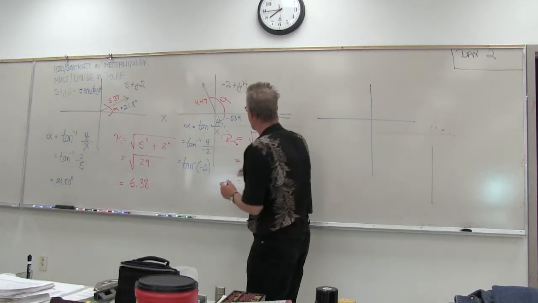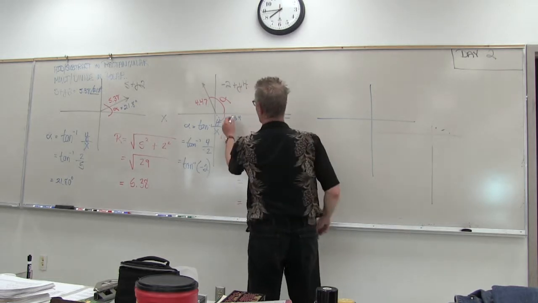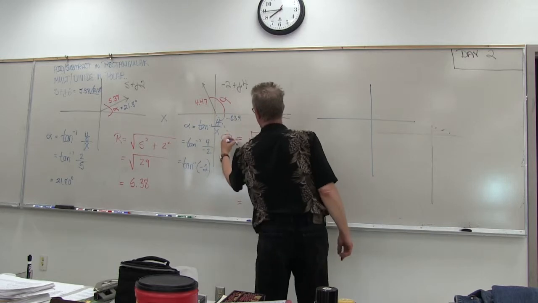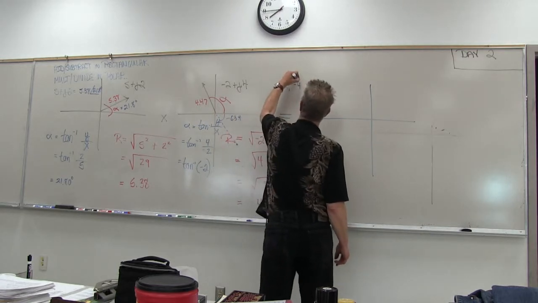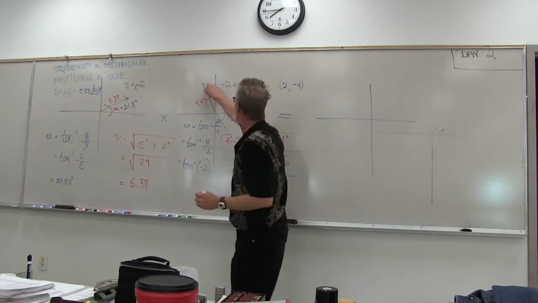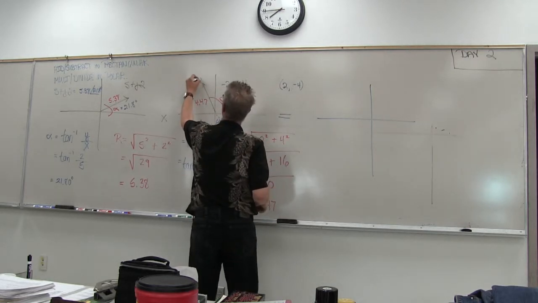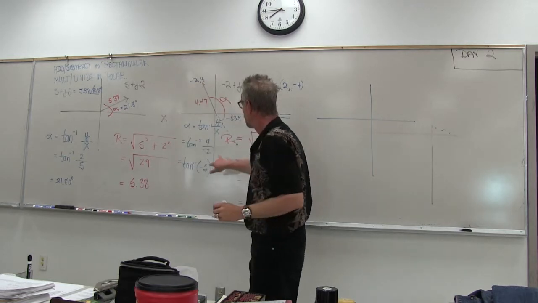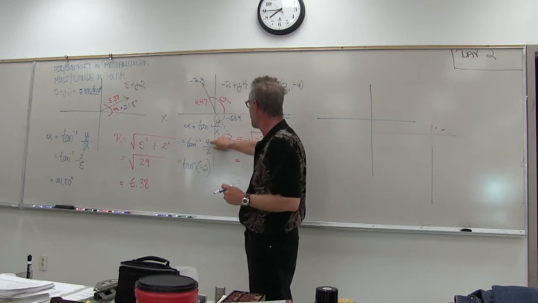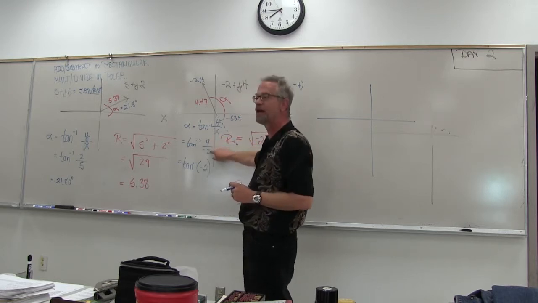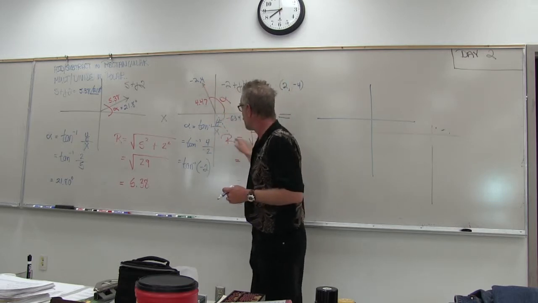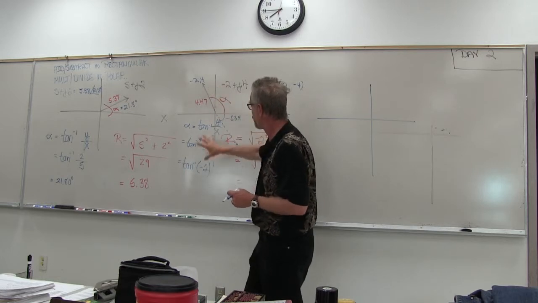If this is negative 2, 4, then this must be 2, negative 4, is this point, right? This point is negative 2, 4. When I look at this, there's no difference between negative 4 over 2 and 4 divided by negative 2. It's still going to be negative 2. So there are actually two arrows, or two points, for which this is true.